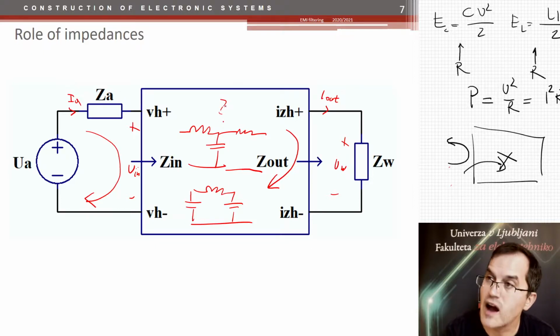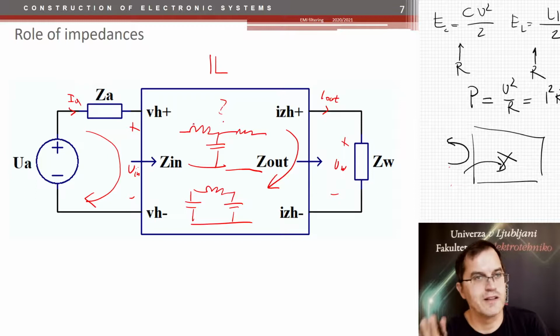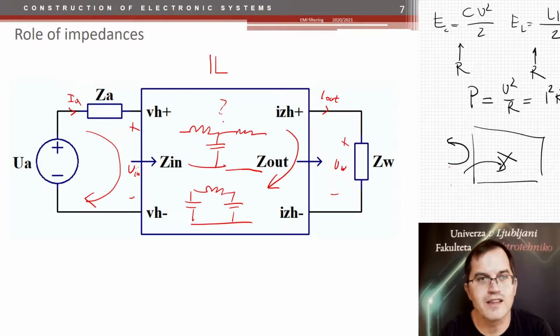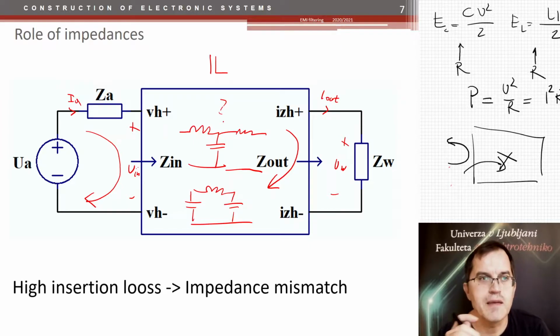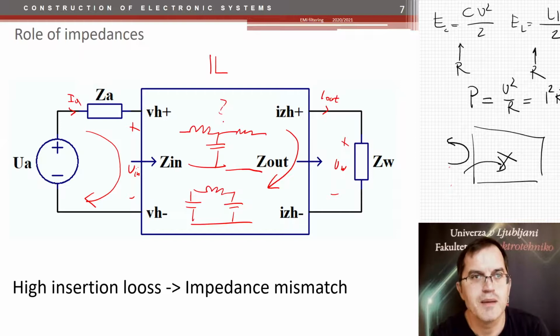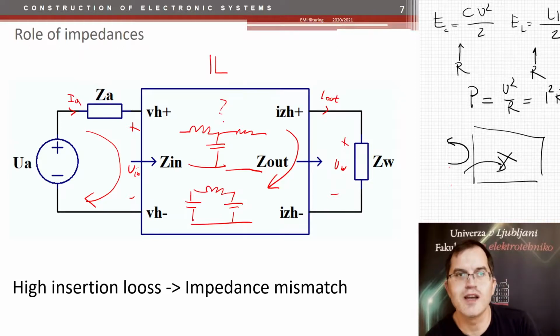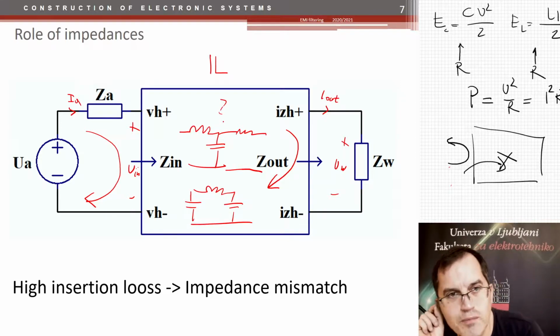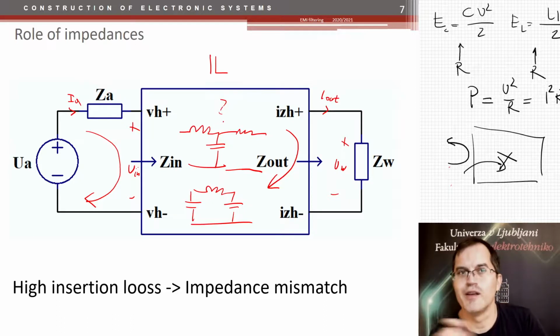Therefore, the high insertion loss of this ideal filter, which cannot dissipate energy, can be only done by reflecting all the power back to the source. And this is possible if you can do the largest possible impedance mismatch, because matching the impedances would allow the power to go ideally through.